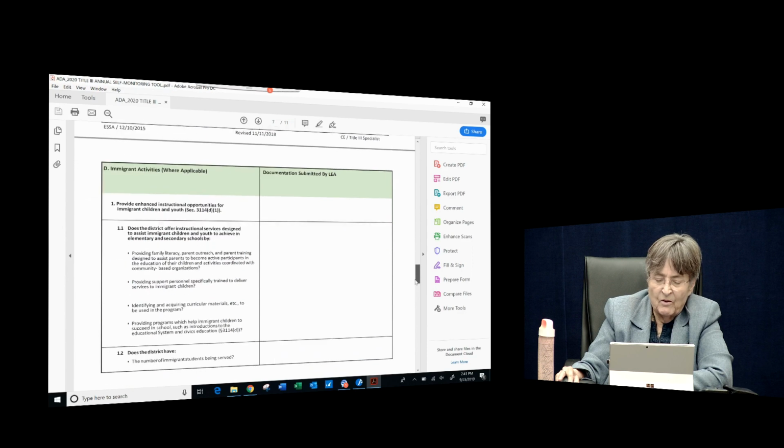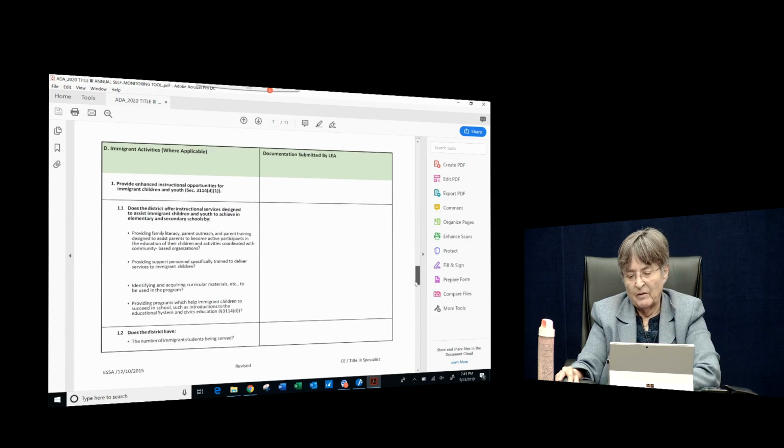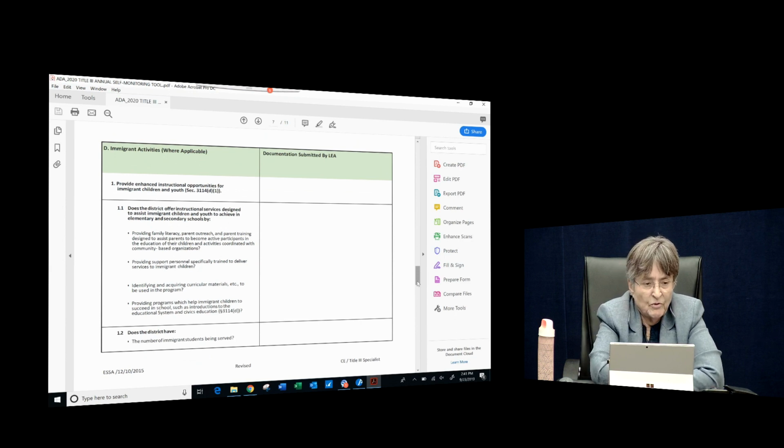And then there are only 3 districts that qualify for immigrant funding based on ESSA's significant increase formula over 2 years. It's an average based on the actual official definition of an immigrant, which is not being in school for 3 consecutive years. And ESSA is very specific about what those funds can be used for, and they're in the plan as well.